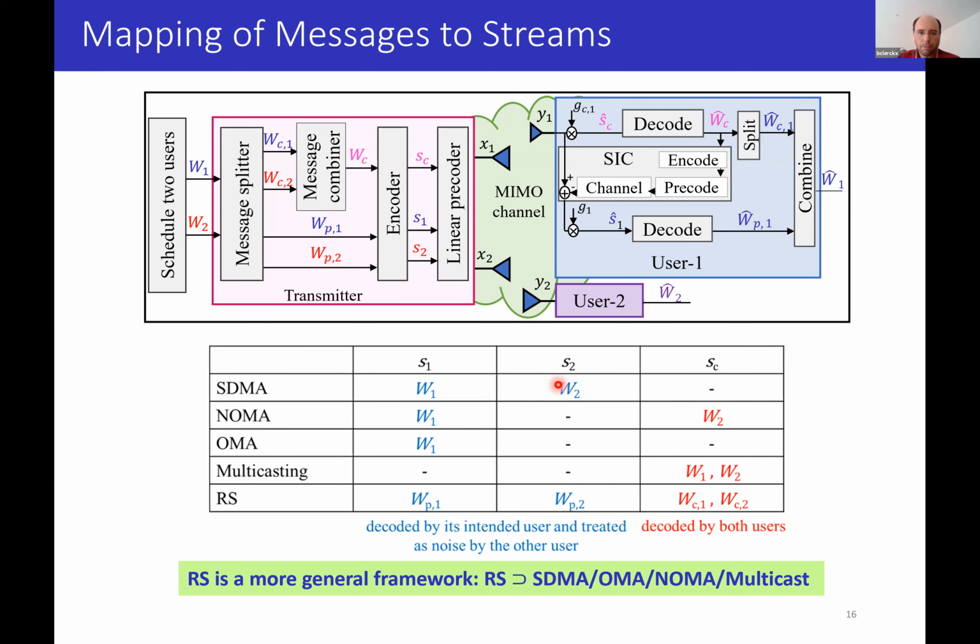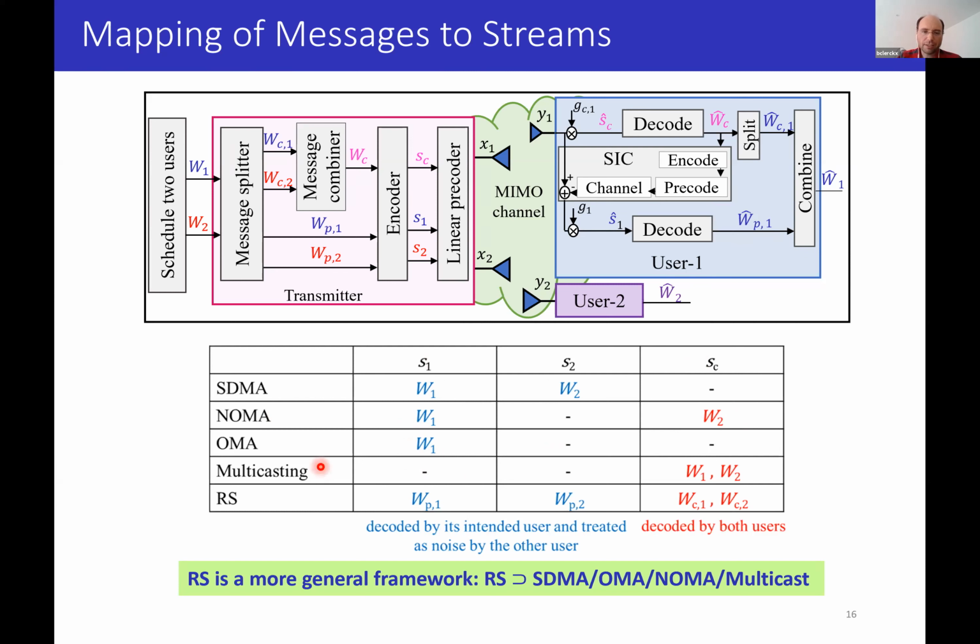In NOMA, we encode W1 into S1, and W2 into SC, the common stream. And in OMA, we simply encode W1 into S1, and we don't transmit anything on S2 and SC because we just transmit one user at a time.